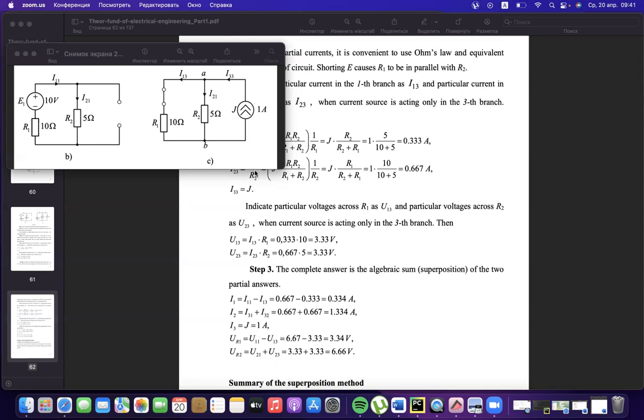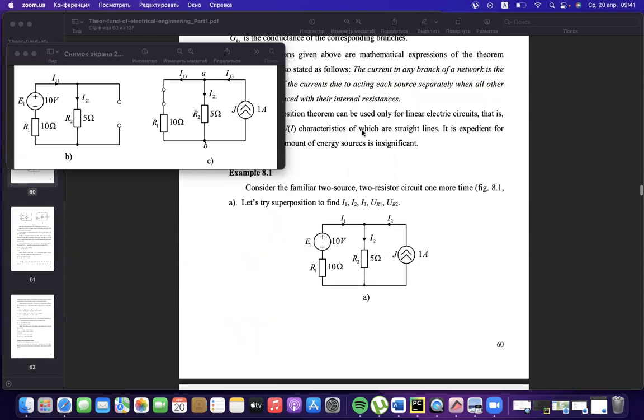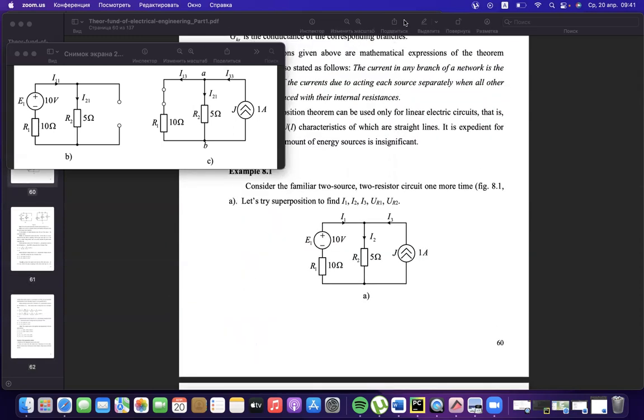And as we see this, let's return to the starting circle.